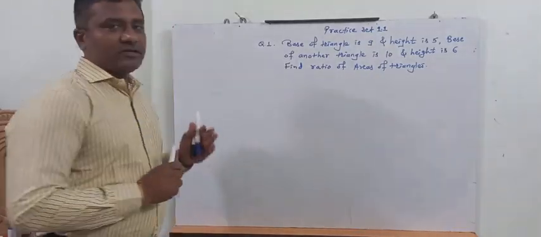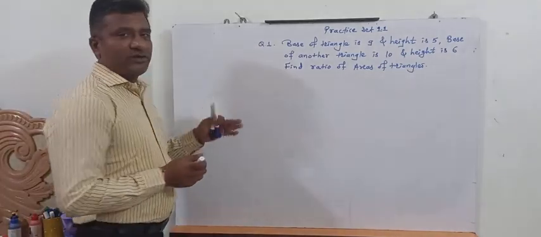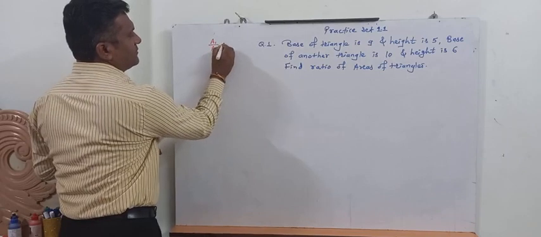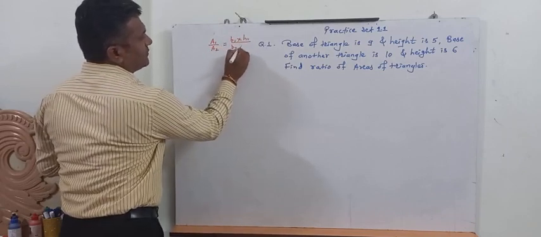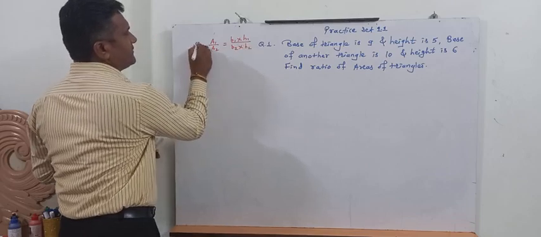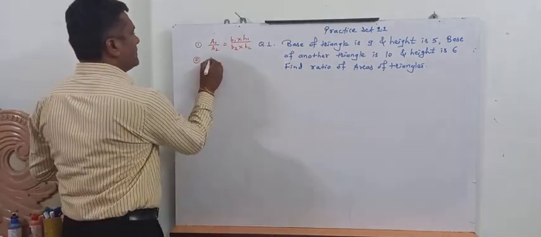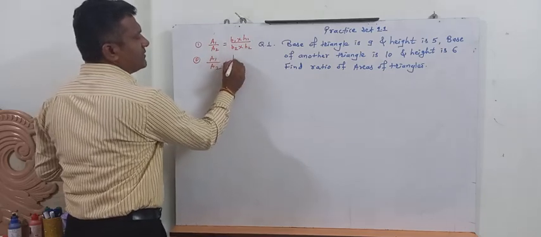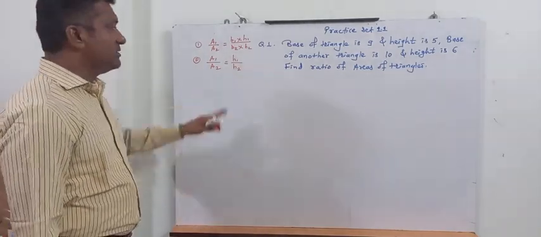Okay children, just now we discussed the four properties of areas of triangles. In short, I am revising that again. First, A1 by A2 equals B1 into H1 by B2 into H2. This is the first property of areas of two triangles. Second property, A1 by A2 equals, if bases are equal, their ratio equals their corresponding heights.